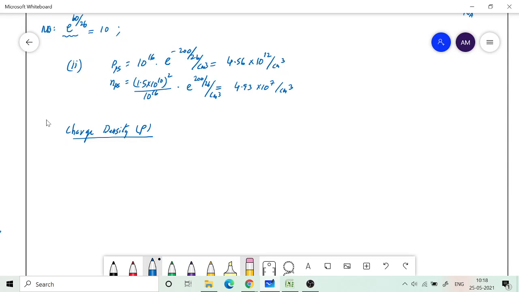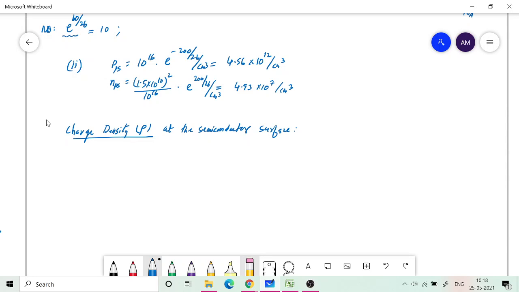How do you find out? What are the charges we are going to have at the interface, at the semiconductor surface?